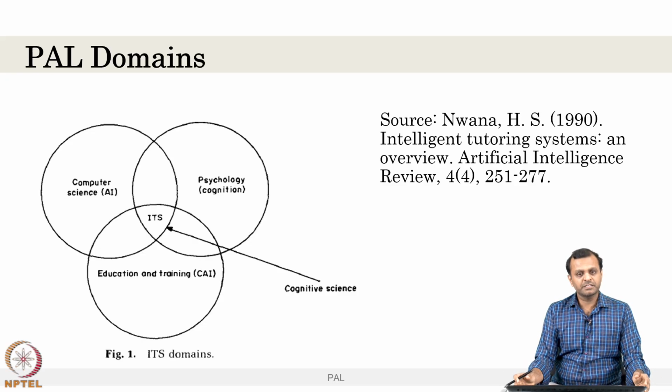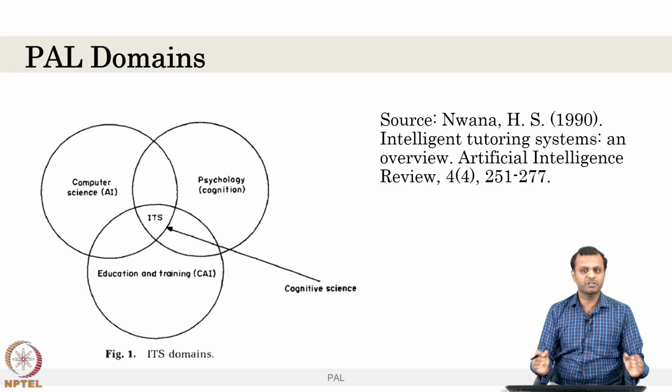In the 1990s, this is one classic picture we got from the Intelligent Tutoring Systems AI review article journal. It says that ITS or PAL is the intersection of computer science and cognition, that is psychology, where we talked about learning theories, and education and training.